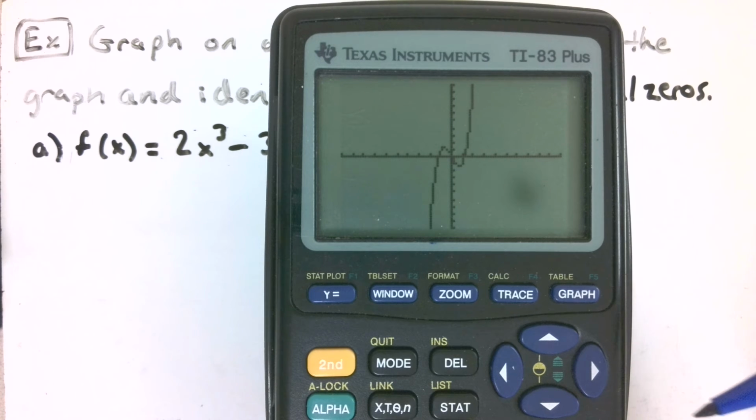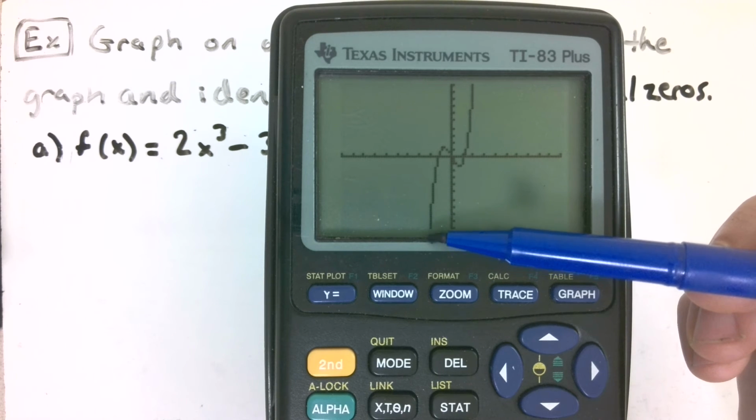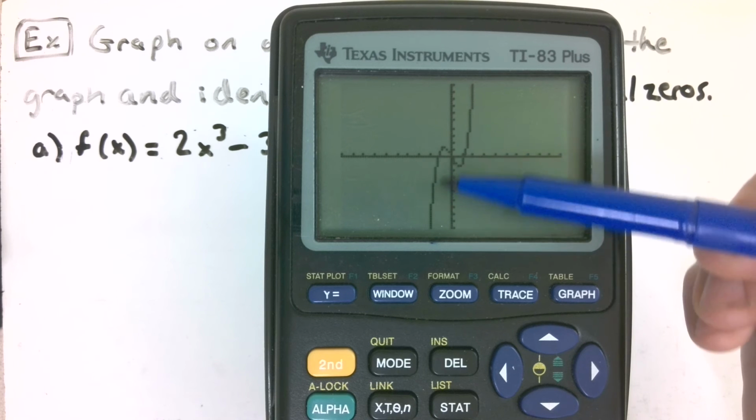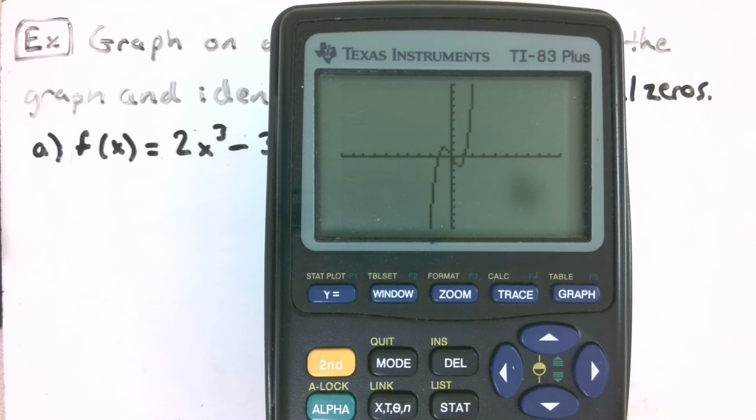So our description could be, the graph starts at the bottom, from left to right, it increases, then it decreases, and then it increases again.